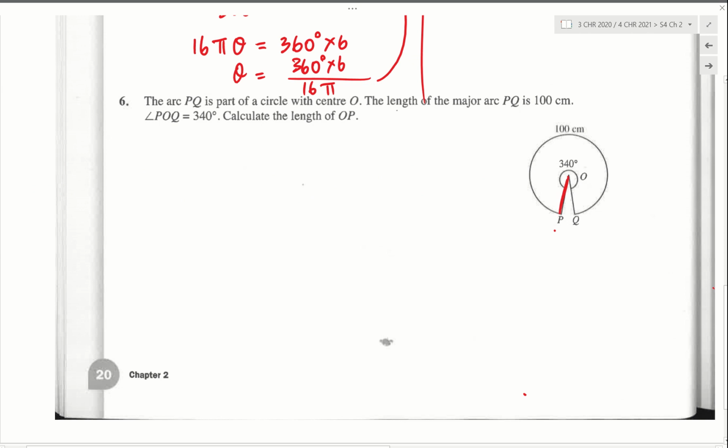Over here, this is the radius. So we want 340 degrees out of 360 degrees, because that is the fraction of the circle. 340 degrees out of total 360 times 2 pi, and the radius is OP. That will give us 100 cm.